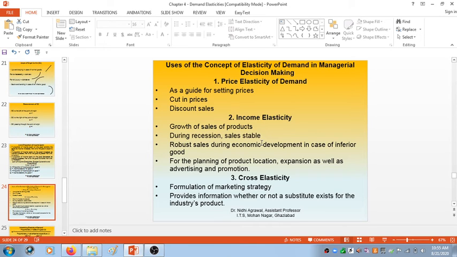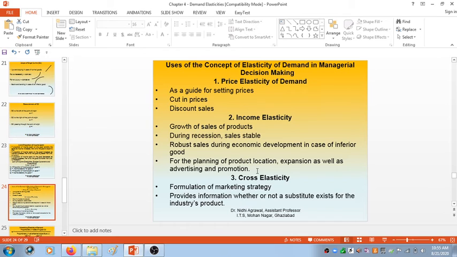So in this case sales will be almost stable. Robust sales during economic development in case of inferior good. So in case of inferior good during economic development, there will be robust sale actually, right, for the planning of the product location expansion as well as advertising and promotion.